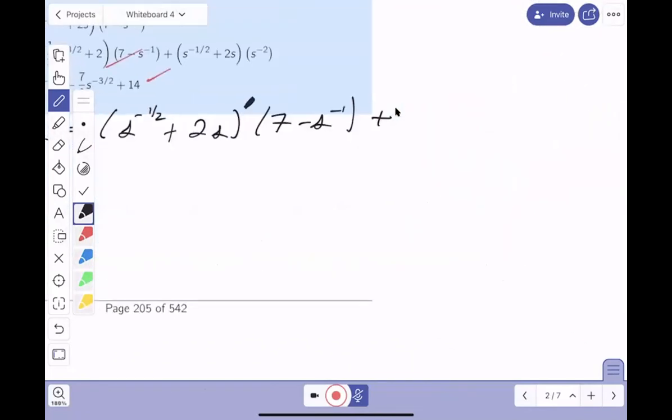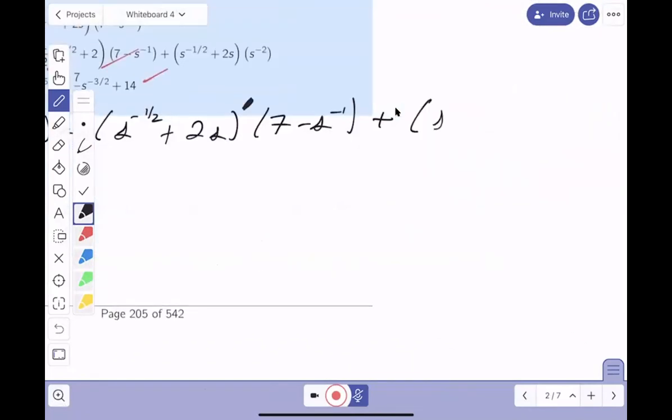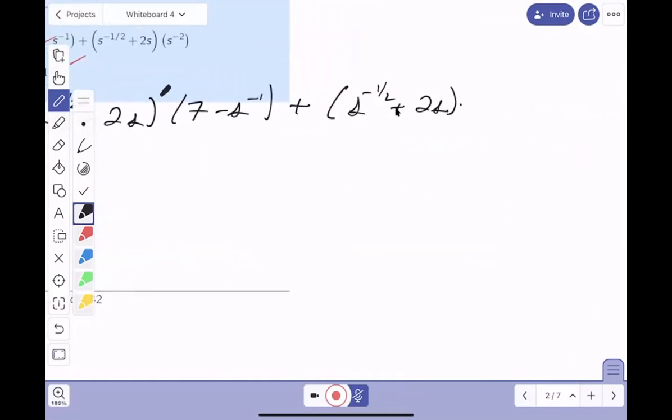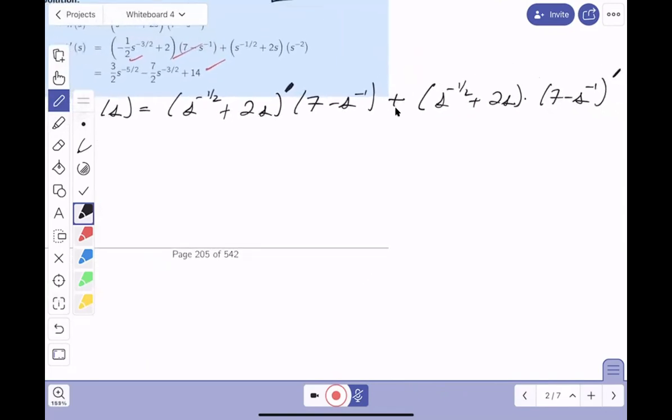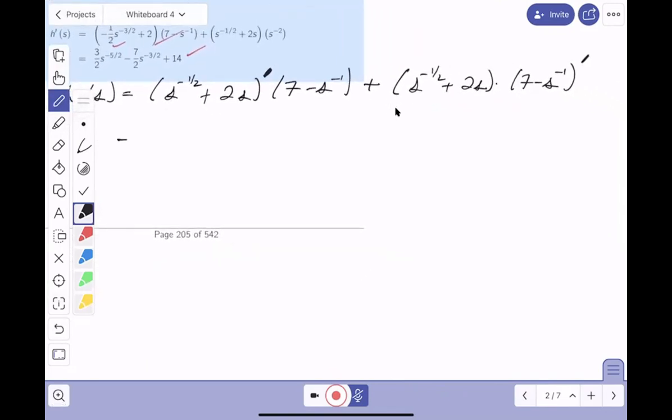Plus, and I'll go through each step. So s to the minus 1/2 plus 2s times the derivative of the second function, which is 7 minus s to the minus 1, prime. Let's go through the work. And let's take a look at this.